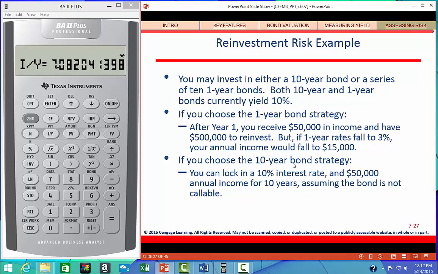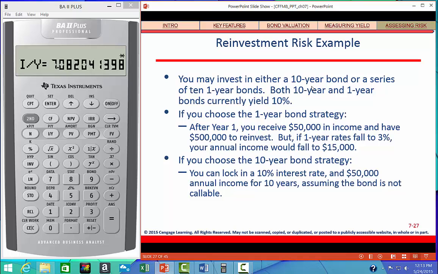Now, if you choose the 10-year bond strategy and you have the 10% interest rate, then you'll get the $50,000 for 10 years. Of course, that's assuming that the company can't call the bond back, but that would be a really good deal. Now, this all depends on the current interest rates in the market. It might be that right now interest rates for a 10-year bond are really low, and interest rates for everything are really low, kind of like they really are right now.